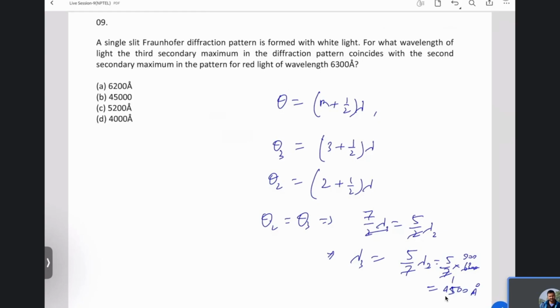In that way, if you have many colored lights, then other maxima will coincide at a point, right? So that's why you get a colored pattern. This way also you can see.